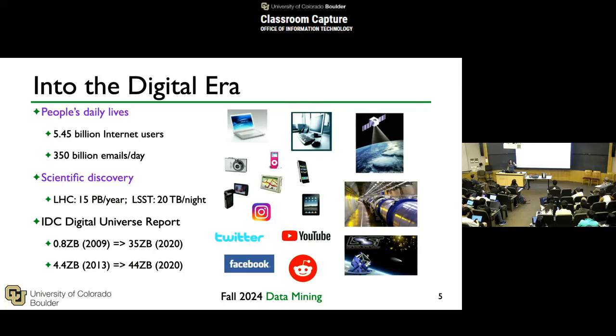Back in 2009, I think they estimated 0.8 zettabyte. What is a zettabyte? Does anybody know? We know megabytes nowadays, right? Megabytes doesn't seem too big. What's the next one? Gigabyte? Terabyte, okay?